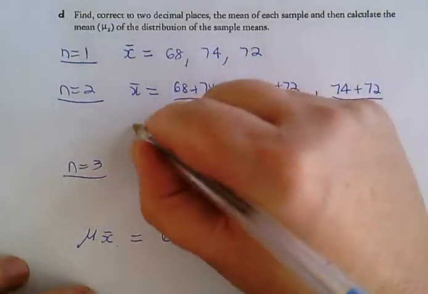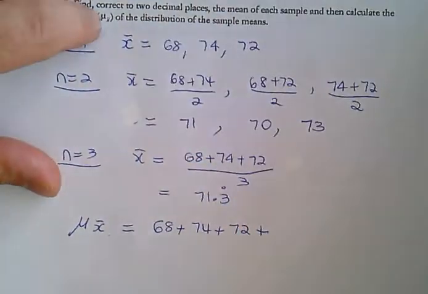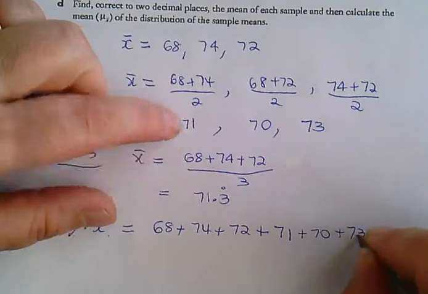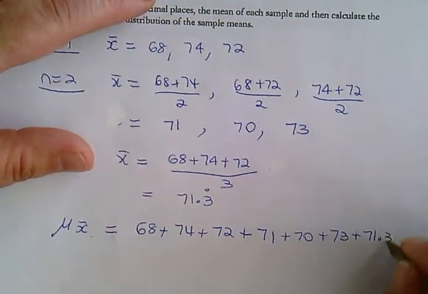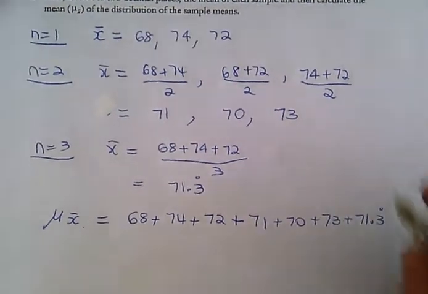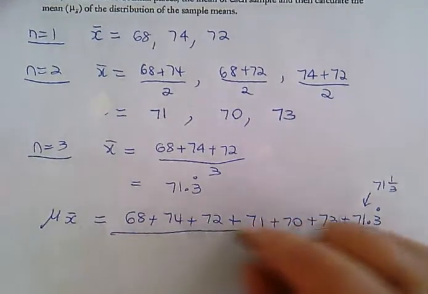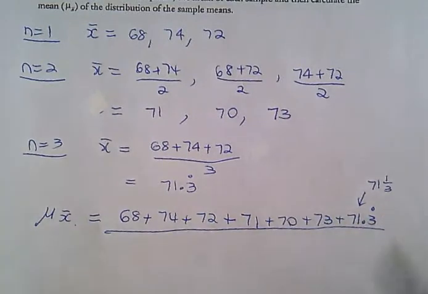These are all my means. 71, yep, 71, 70, and 73, and 71.3 recurring. How do you do 0.3 recurring on your calculator? It's a third. That is 71 and a third on your calc. Over how many samples are there? 7.